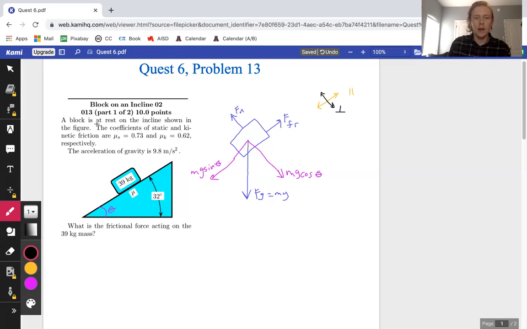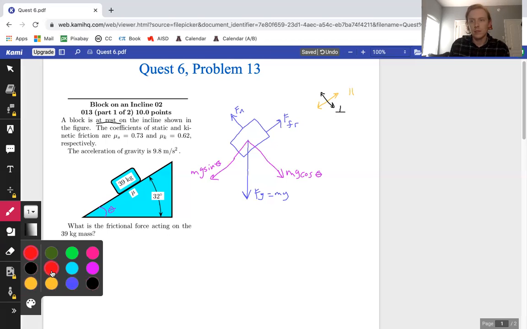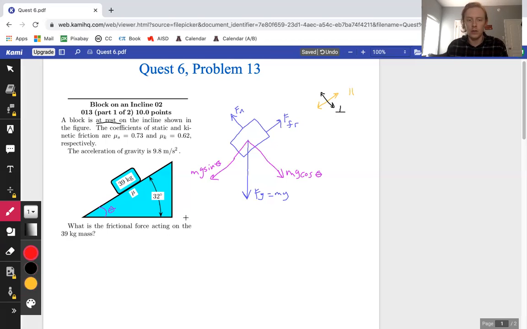We're given that this block is at rest. What that tells us is that if we're looking at Newton's first law, the law of inertia, the forces are balanced, or more specifically, the net force in the parallel direction is equal to 0. So what does that mean?